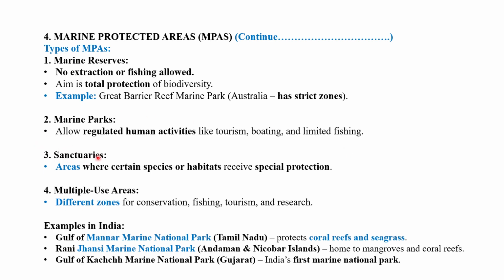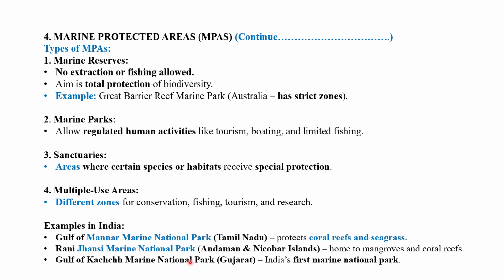Next, another one is sanctuaries, areas where certain species or habitats receive special protection. Another type is the multiple use areas. That means different zones for conservation, fishing, tourism, and research. Examples of marine protected areas in our country India: Gulf of Mannar Marine National Park in Tamil Nadu, it protects coral reefs and seagrass.